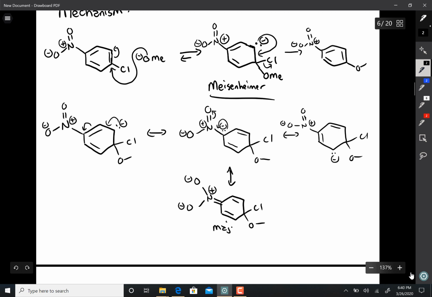This is a major resonance structure. This extra stability makes the reaction proceed much faster. If the nitro group is meta to it, you can't put the electron density up onto the nitro group.